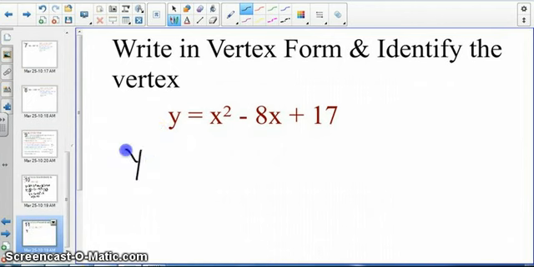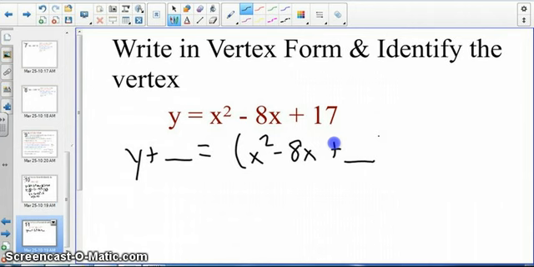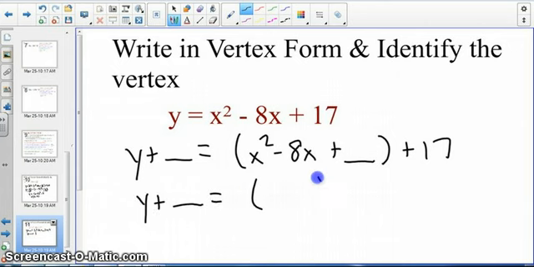So y, I'm going to set it up, y plus something equals. Now I'm separating x squared minus 8x plus something from 17. So now I'm going to set up my next step because it'll just get me going. So all I have to do is plug numbers in.